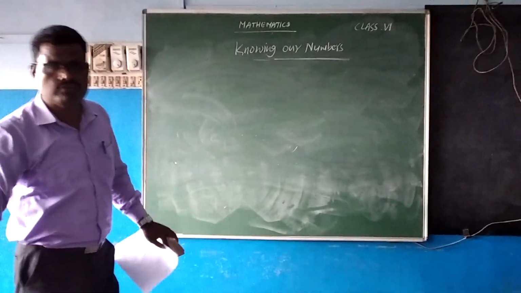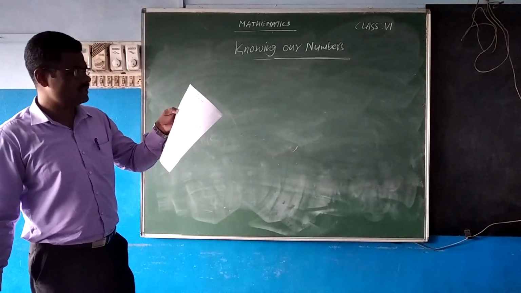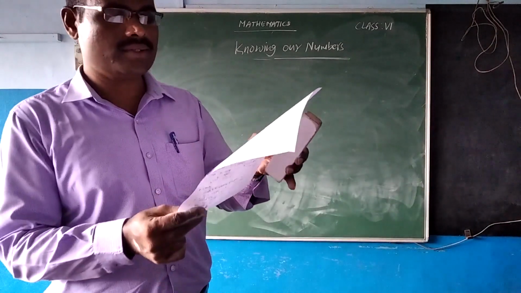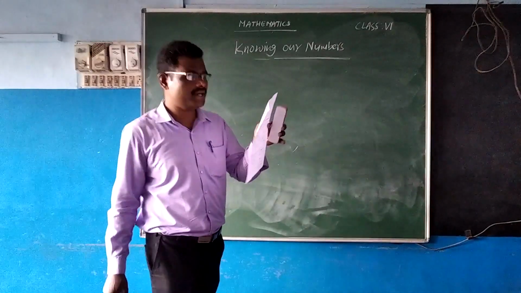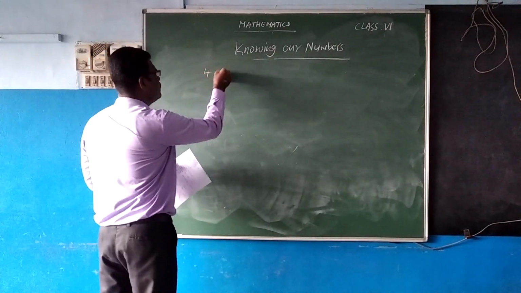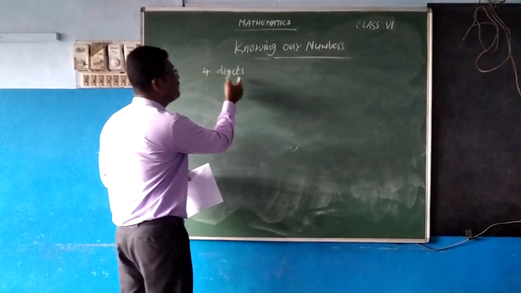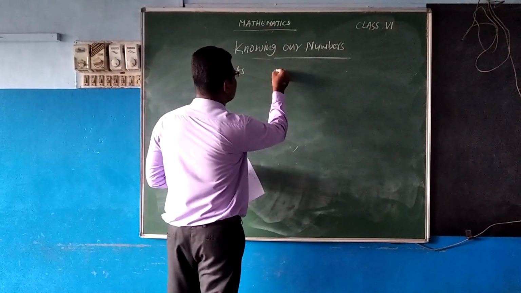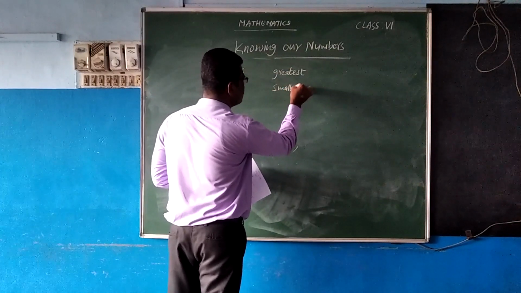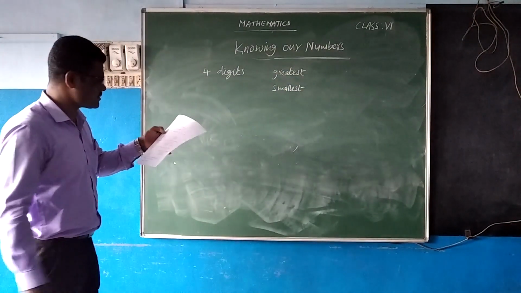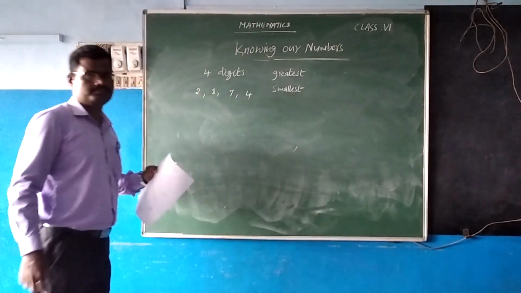Now we have to form a 4-digit number without repetition. Use the given digits without repetition and make the greatest and smallest 4-digit number. We have to form the greatest number as well as the smallest number by using the digits 2, 8, 7, 4.